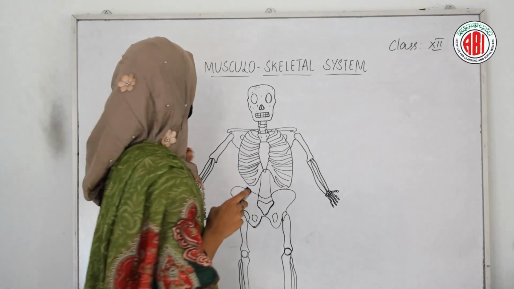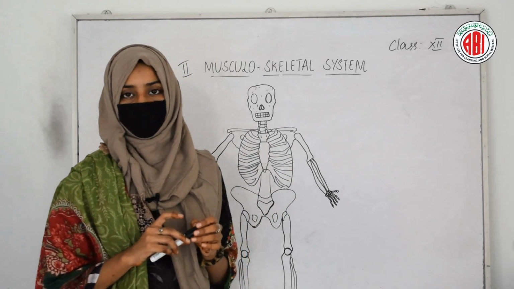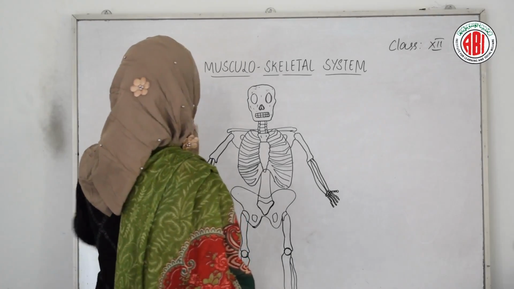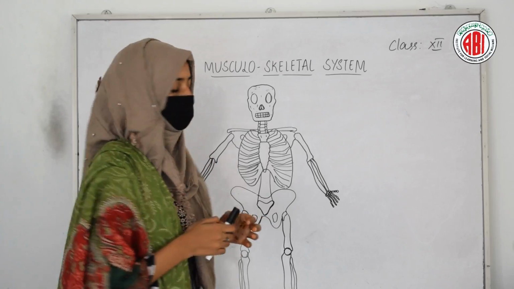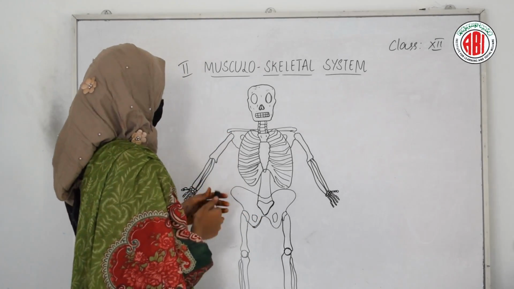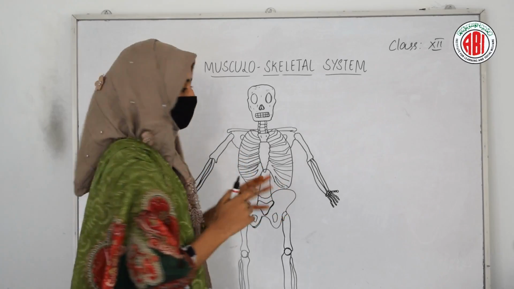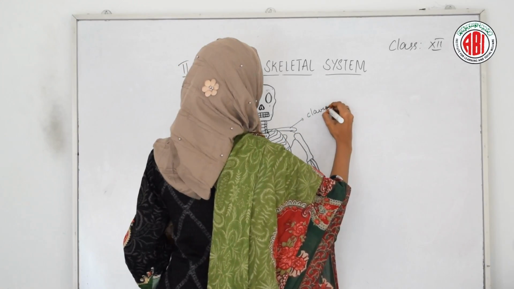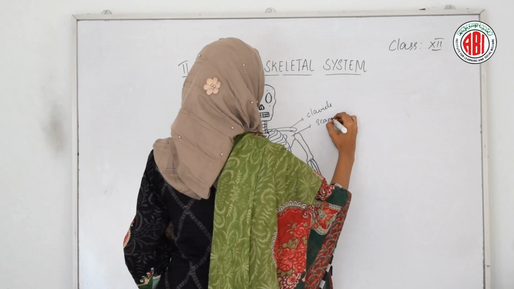That means we are going to learn the different upper limb bones and also about the different lower limb bones that we have already learned. We'll just have a recap of that topic. Okay, so we know that the pectoral girdle shows two main bones, clavicle and scapula.